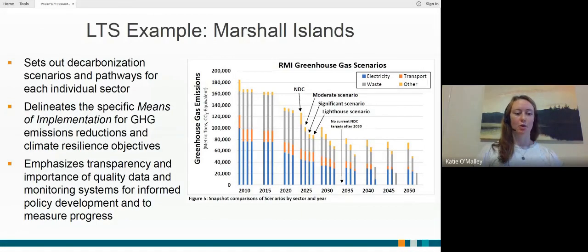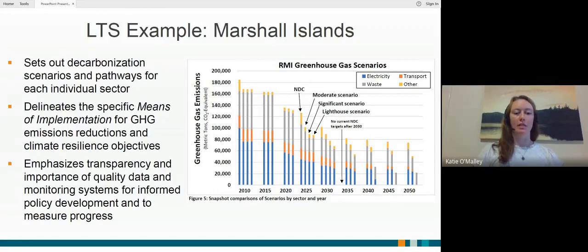In this case, the 4 greenhouse gas scenarios are broken down by each emission sector: electricity, transport, waste, and other, which helps delineate the means of implementation for GHG emissions reductions and climate resilience objectives within this LTS.